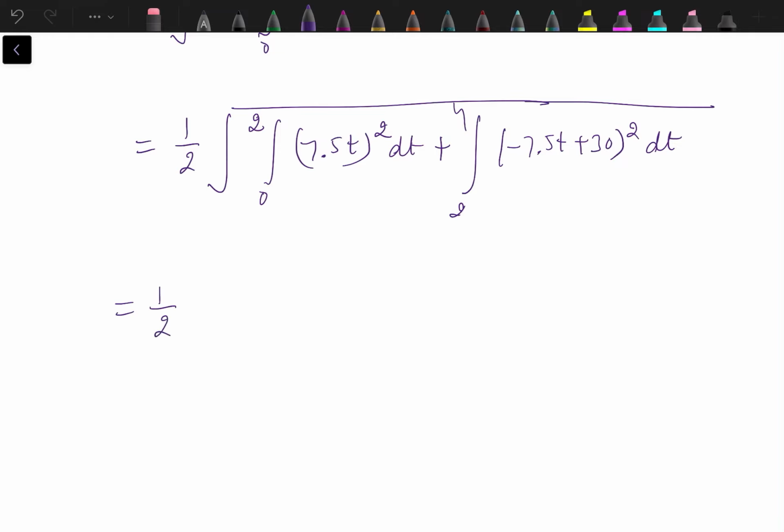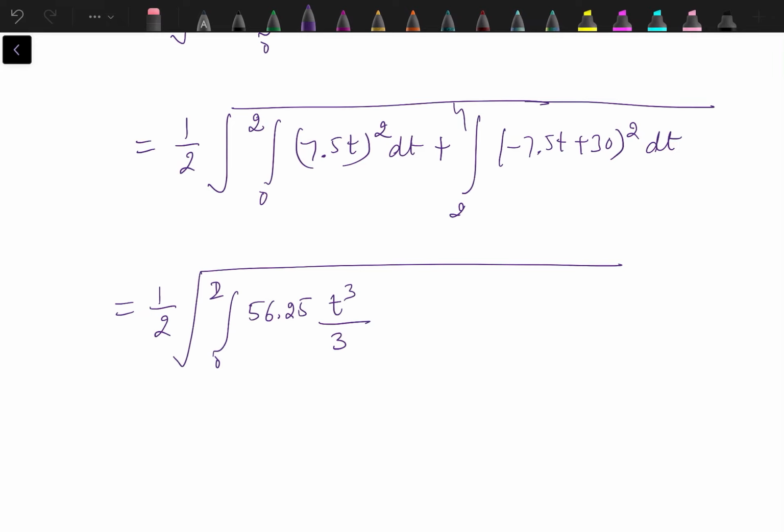So it will become 0 to 2. The 7.5 square is 56.25. Integration of t square is t cube by 3. From 0 to 2.